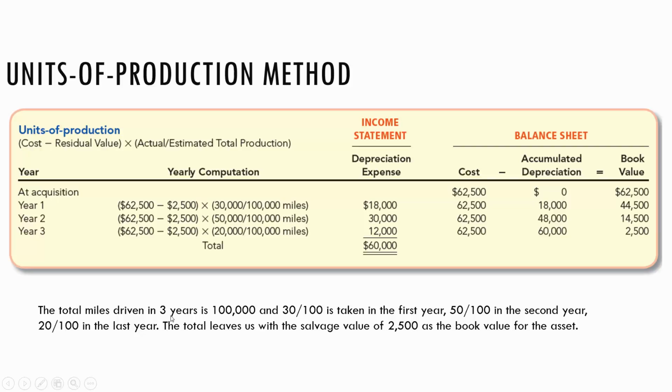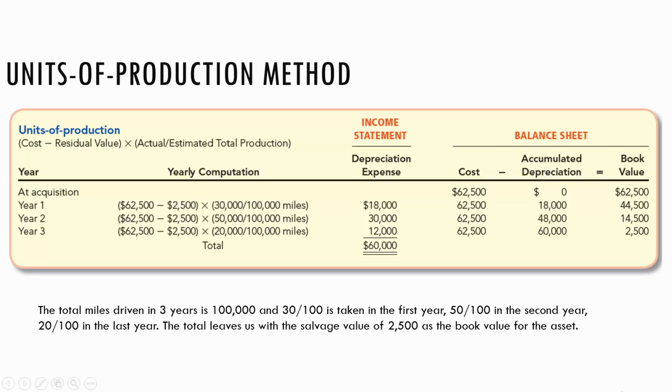In this case, we reached 100,000 in year 3. 30,000 and 50,000 is 80,000, and 20,000 is 100,000. So in year 3, we reach 100,000. And so when we take depreciation expense, we do 2/10 of the total amount in this year, or 12,000. It adds up to 60,000, which is wonderful, because now, after having fully depreciated this asset, we still have our residual, which is 2,500 left on the books.